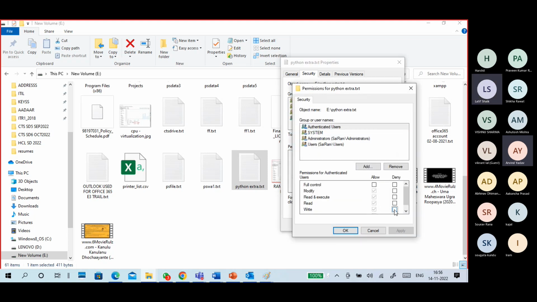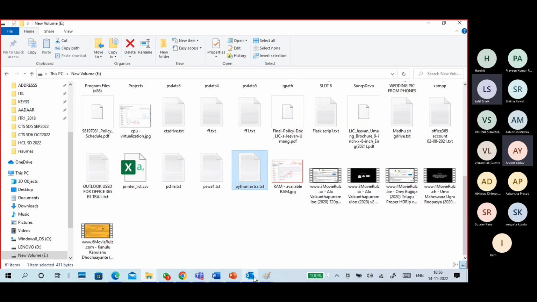If given deny, read and write is deny, it means the user cannot access the file. Read allow, write deny means the user can read the file but cannot write. I didn't change anything.